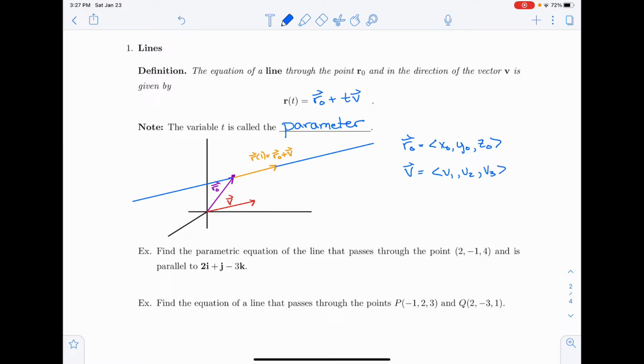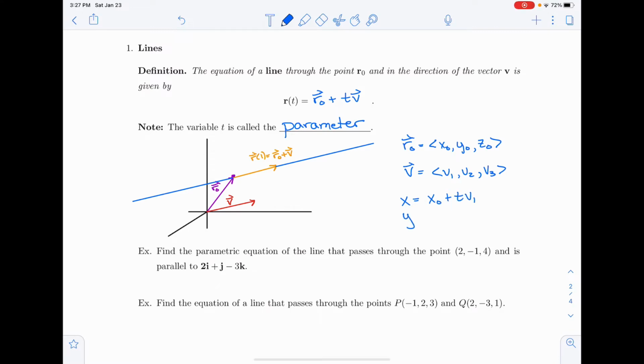And so using this equation, r of t equals r0 plus tv, we can actually define 3 equations. The first one is the x equation. x is going to be x0 plus tv1.